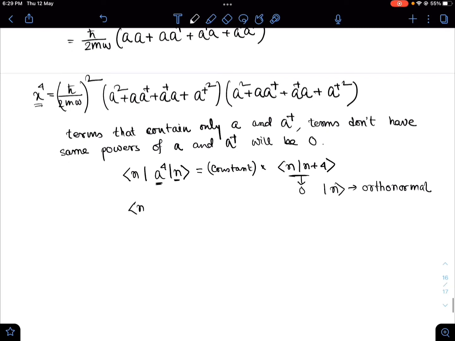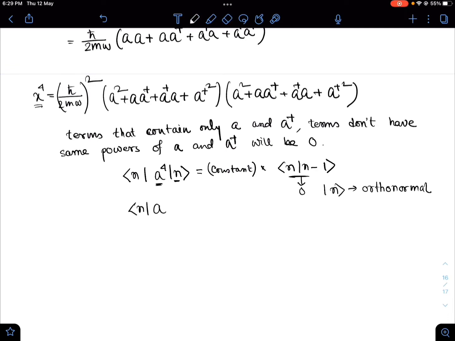Similarly, if you apply a dagger to the fourth power, this will be n minus 4 because this is lowering. Similarly, if we apply the raising operator, here will be another constant factor and it will be n plus 4. So this will similarly be 0.